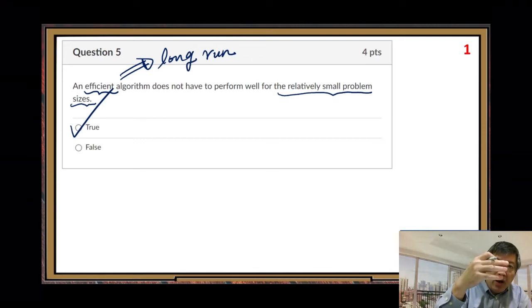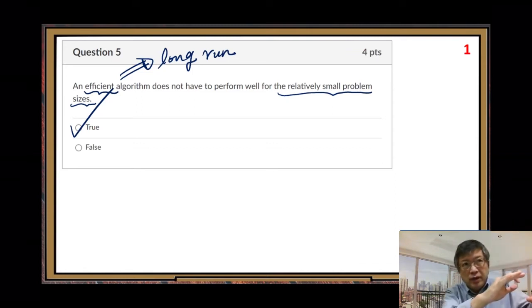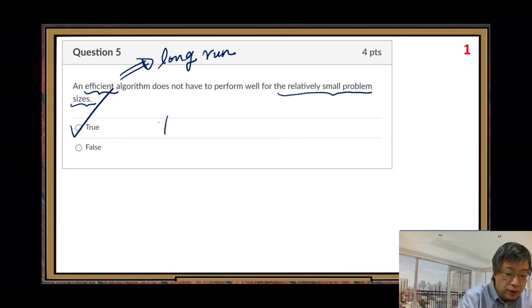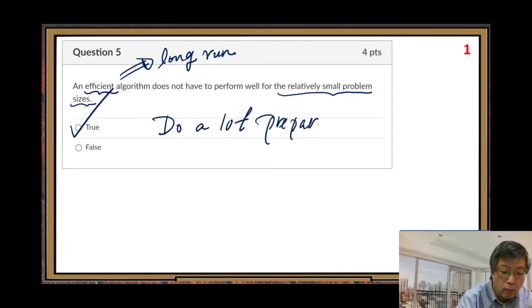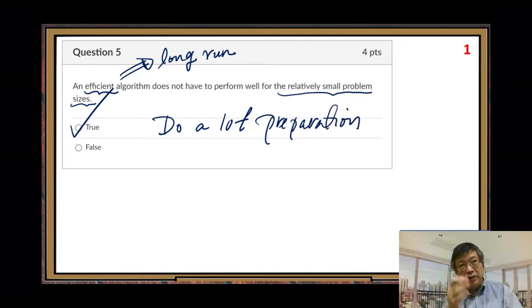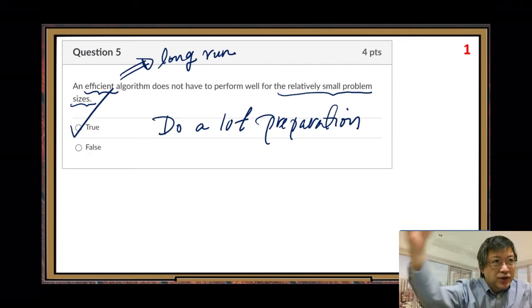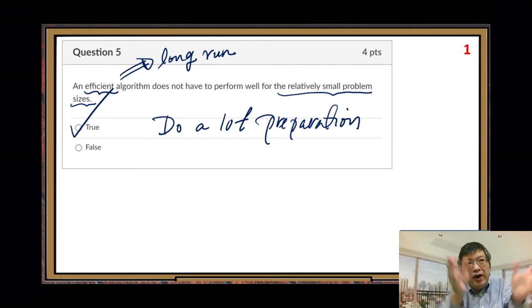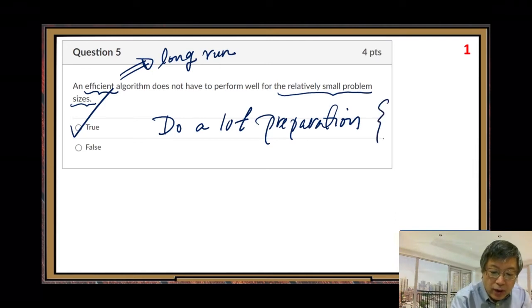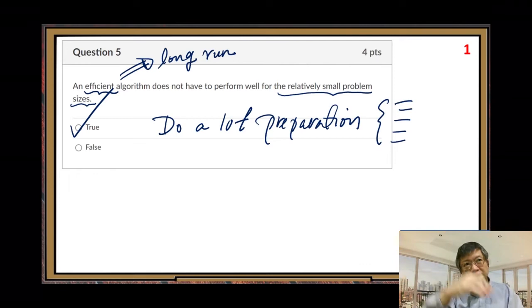Typically in a computer program, when we implement it, writing a program, we need to do a lot of preparation, the setup. Data structure, resources arrangement, get things organized. We need to do a list of useful things.